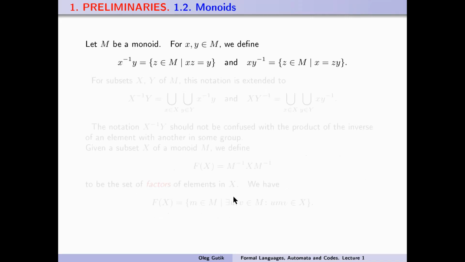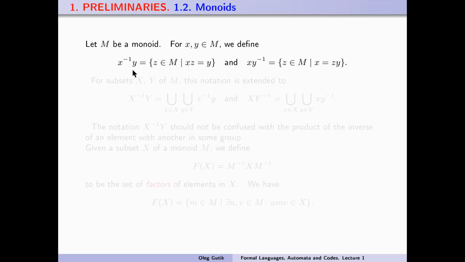Next definition, we need the following classical notion. If M is a monoid, then for any elements x and y we define two sets. The set x to the power minus 1 times y, or we shall call it x minus 1 y, consists of such elements z from M that x times z is equal to y.